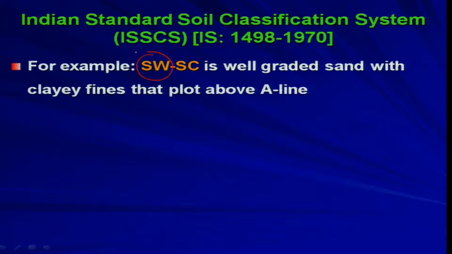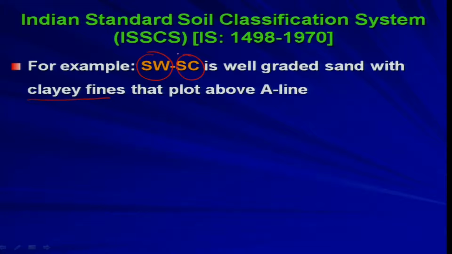So, SW means well graded sand, and we understand clay fines from the second part, that is SC, so that plots above the A line. Now it is very clear, right.